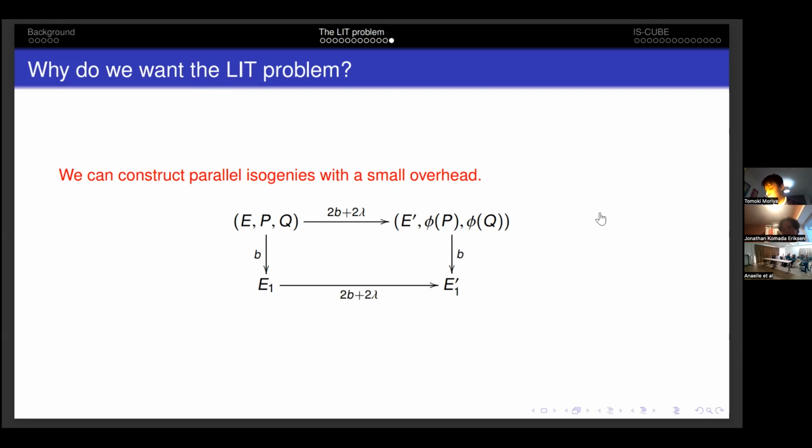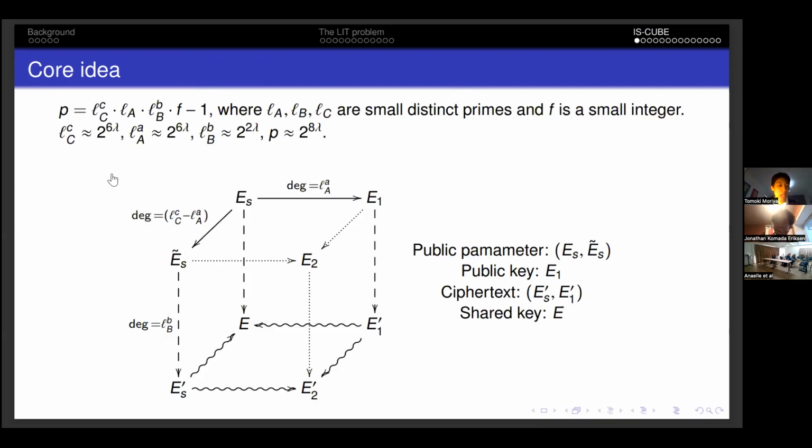Next, I want to talk to you about the IceCube, a new key encapsulation mechanism based on the LIT problem. This is the core idea of IceCube. Let p be l_C^C times l_A^A times l_B^B times f minus 1, where l_A, l_B, l_C are small distinct primes and f is a small integer.